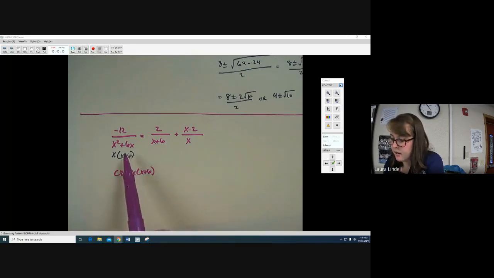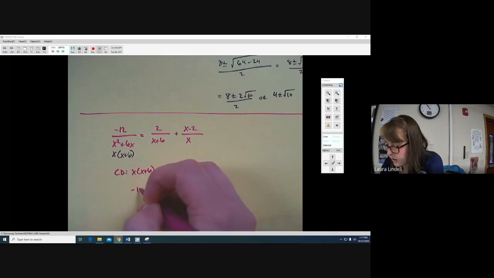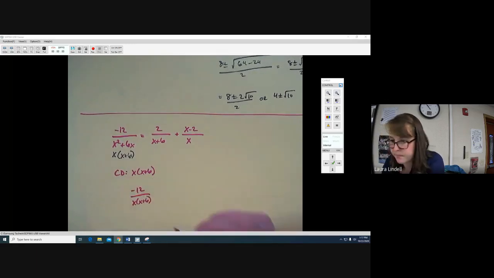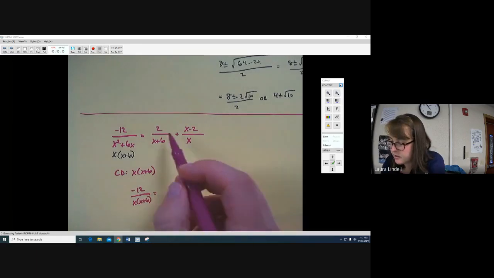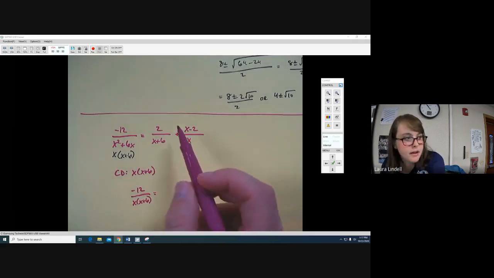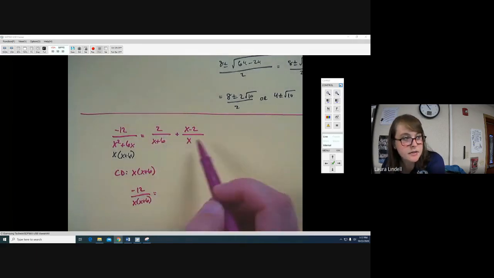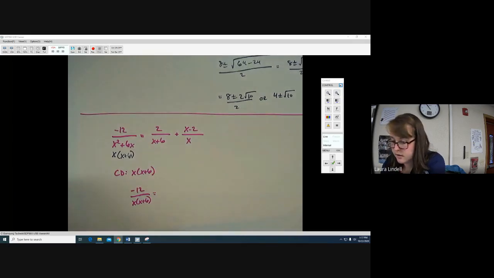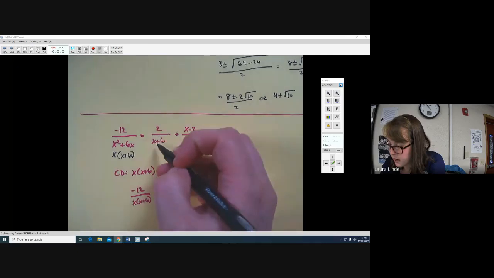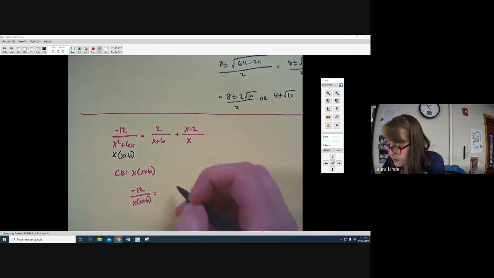Already has it, right? This one is x times x plus 6 on the bottom. So we're good to go for this part of the equation. We can leave this as negative 12 over x times x plus 6. But these two each need something. This one needs an x, this one needs an x plus 6. So to make that happen, I have to multiply this one by an x on the top and on the bottom.